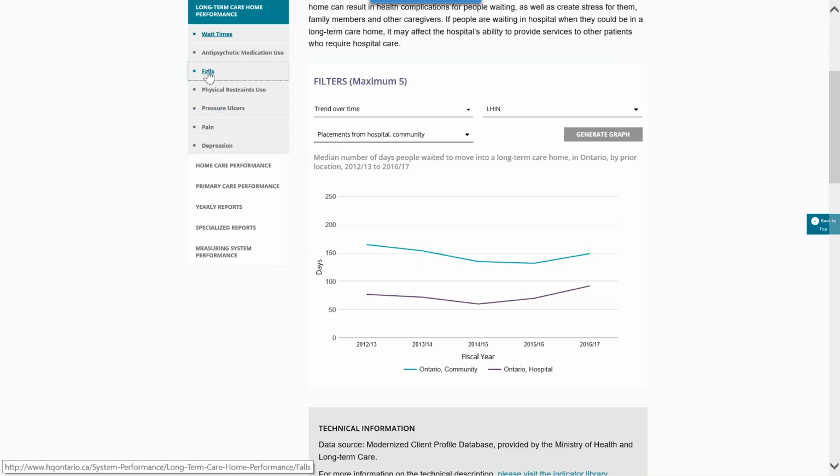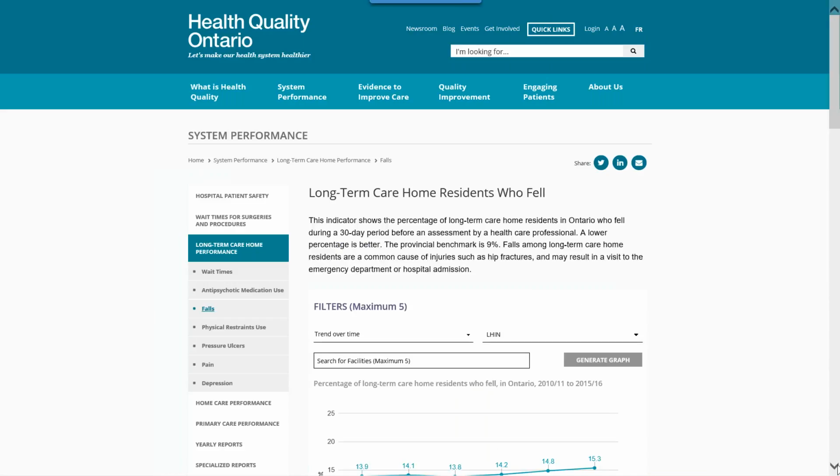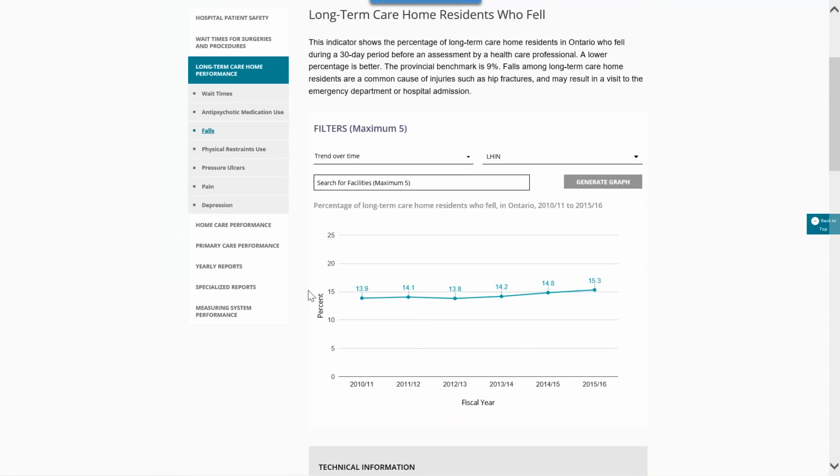We also have an indicator for falls, and here you can see that they give you a nice description of the falls. You can see those have actually gone up over time, and it would be really interesting if they would have left the falls in here but also had the restraint use, which is this one.